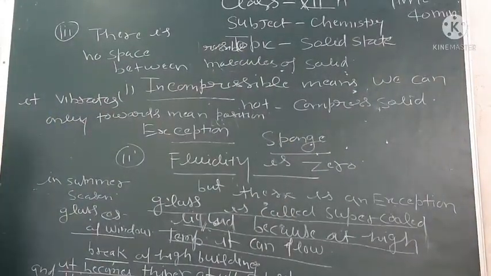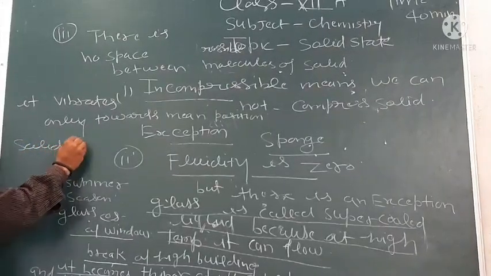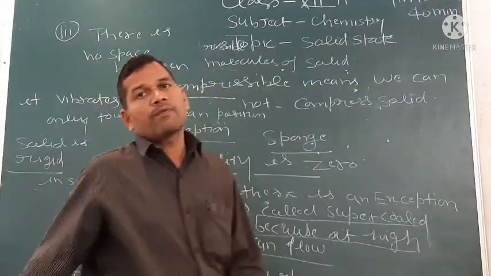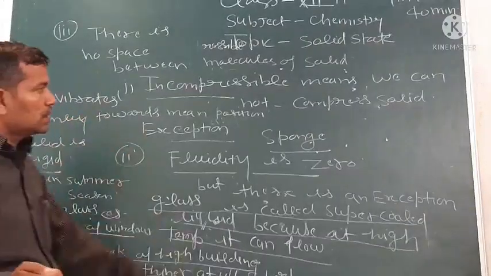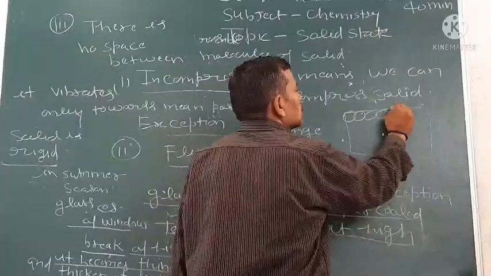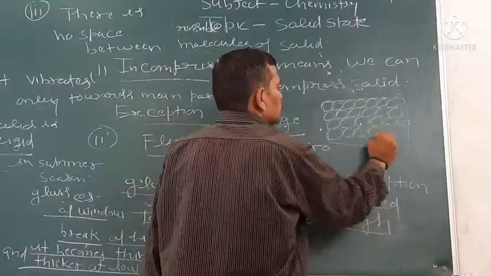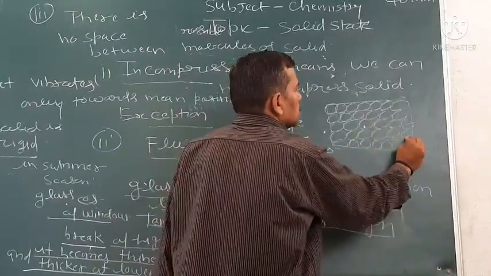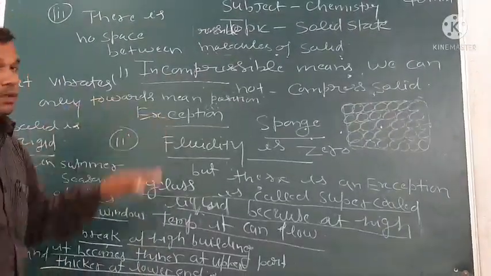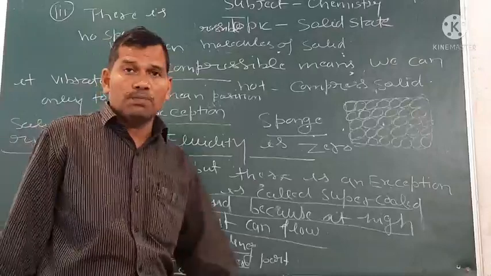By this reason, solid is rigid, because intermolecular distance is very small and intermolecular force is very strong in a solid. Solid shows the rigidity property.